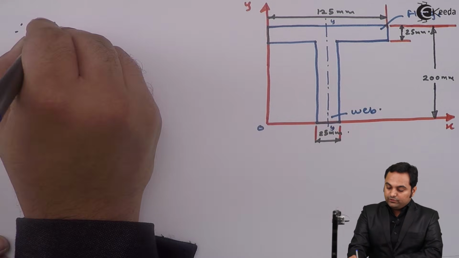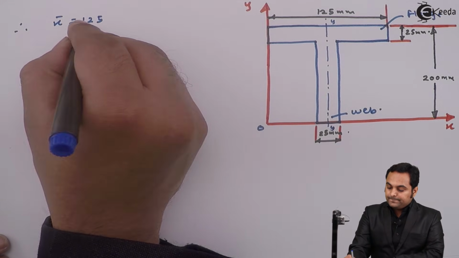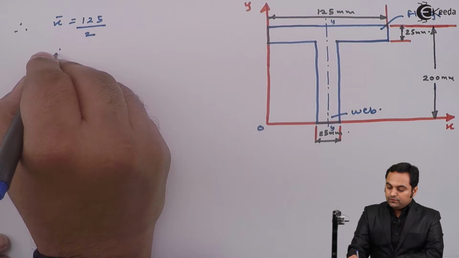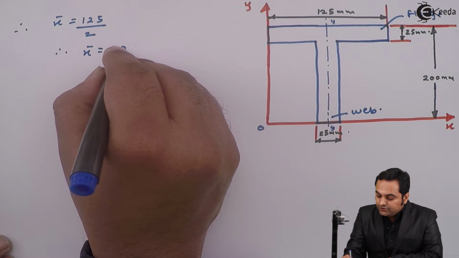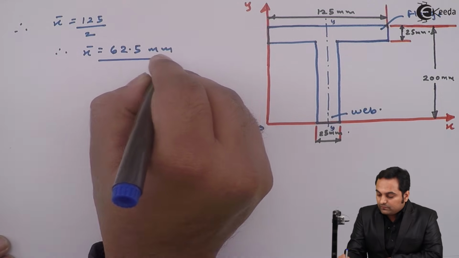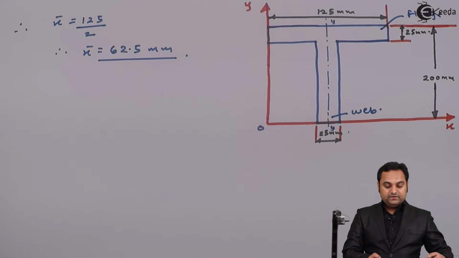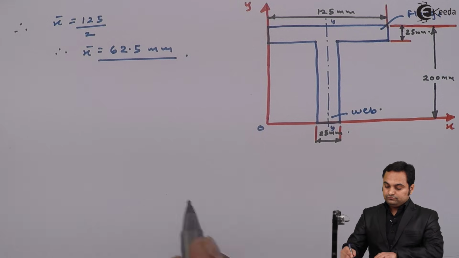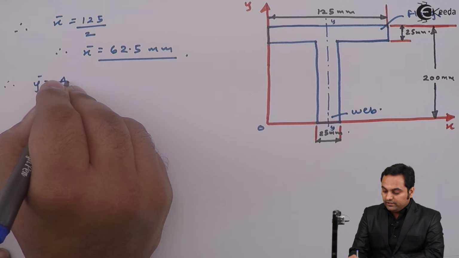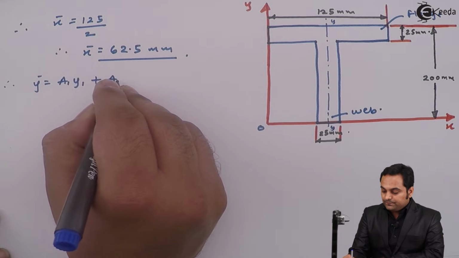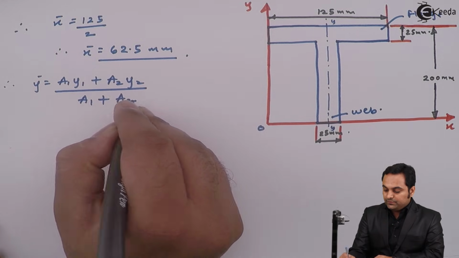So x bar is directly half of 125. So here we have x bar as 62.5 mm. Next, we need to calculate y bar here. So therefore y bar is equal to a1y1 plus a2y2 upon a1 plus a2.